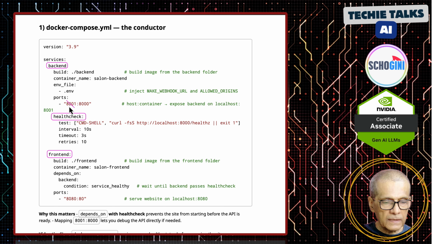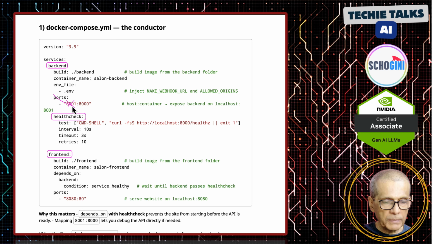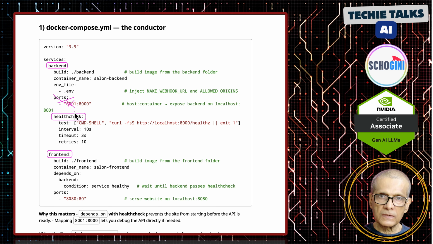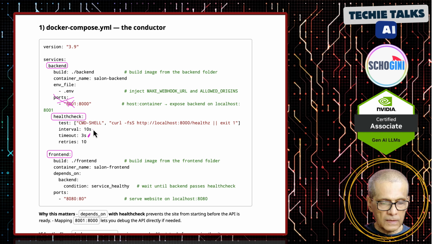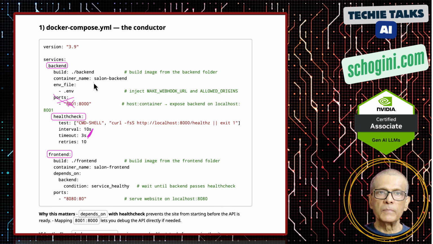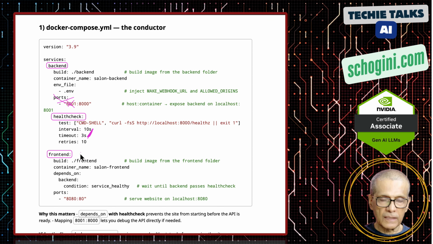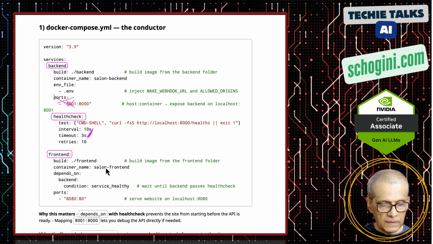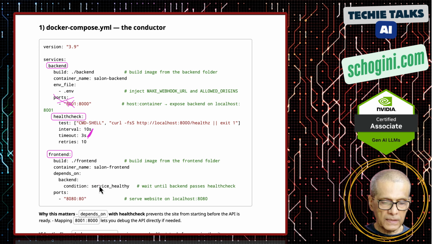Actually, this backend, this port mapping is not needed because we are connecting them using custom bridge network of Docker. So when this health check is ready, this endpoint will begin serving. And here we have the front end, and front end is nothing but the Nginx static website.